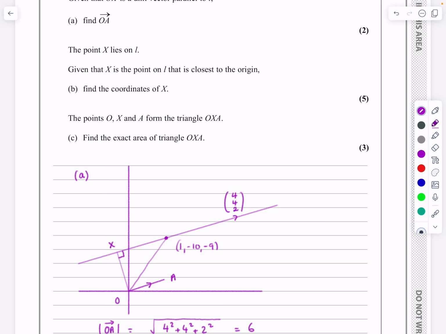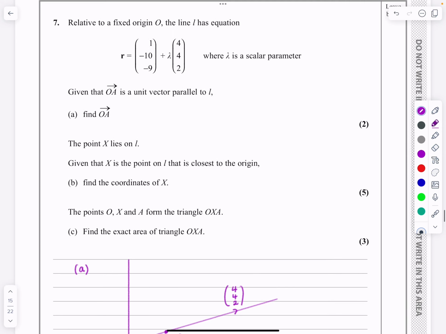So if X is on the line, it will fit into this criteria here.